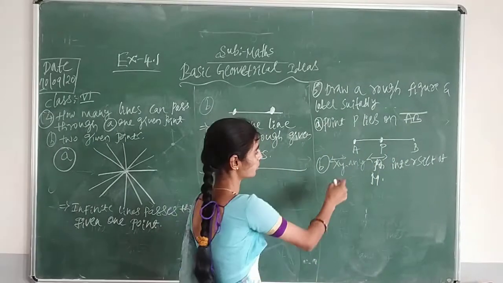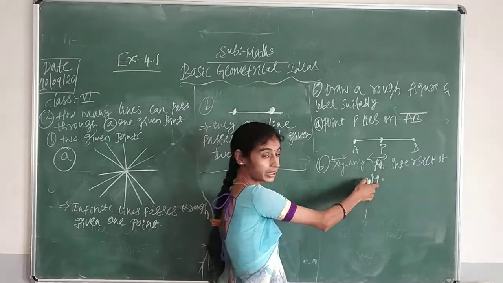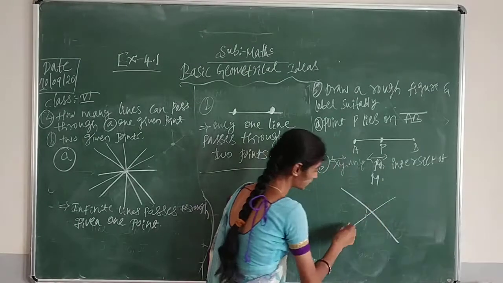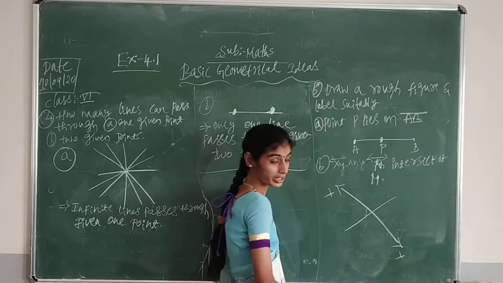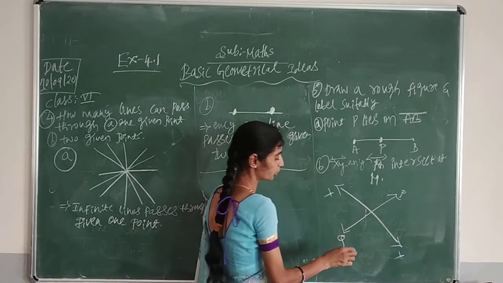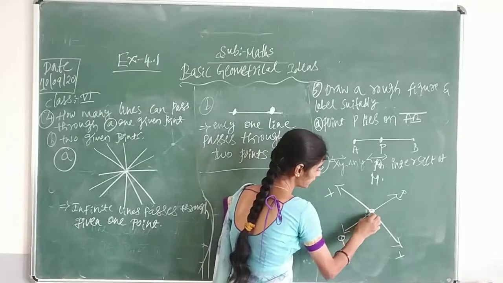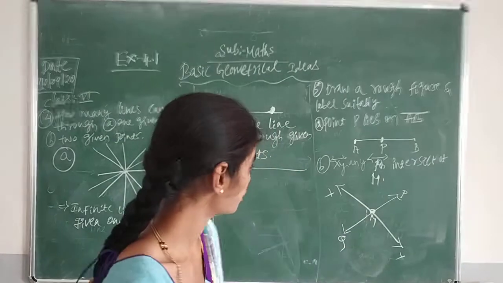So you have to draw XY and PQ lines in such a way that they should intersect at M. So you can draw the lines like this. You can take this line as X and Y, and this line as P and Q, and this point as M. Very simple. Okay.